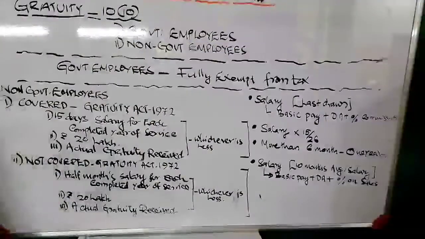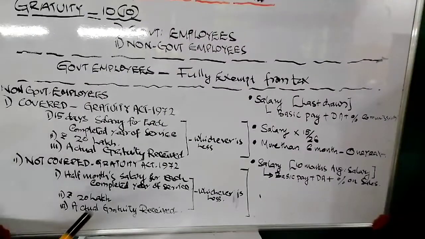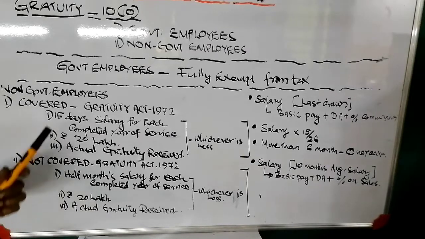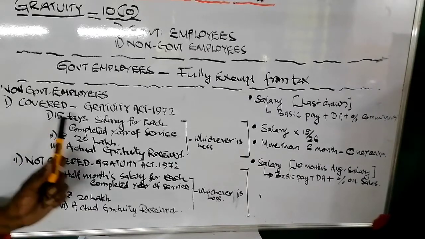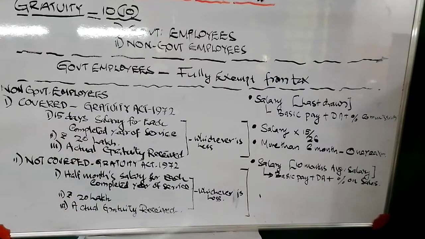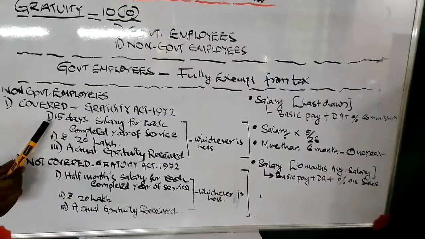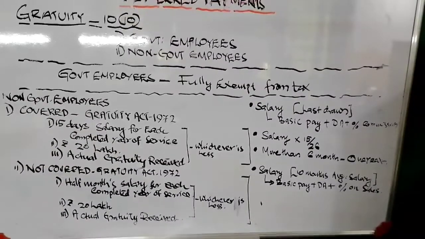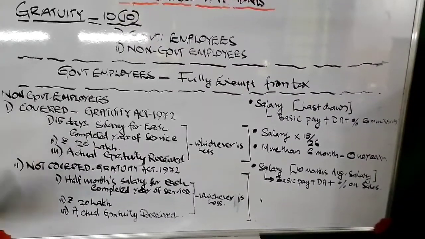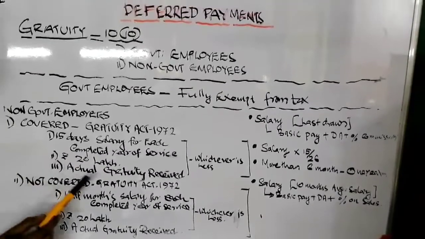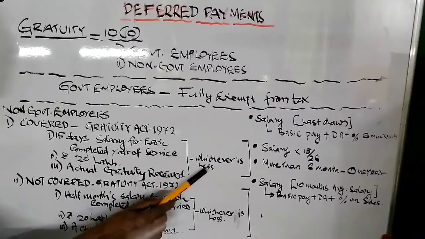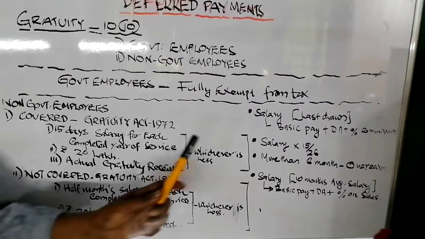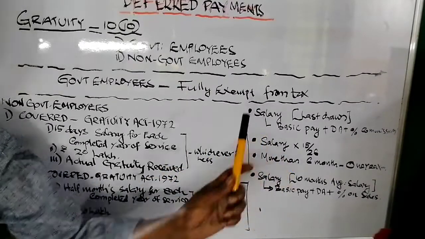So regarding the employees covered by the Payment of Gratuity Act, three conditions are mentioned: 15 days salary for each completed year of service, rupees 20 lakh, and the actual gratuity received, whichever is less is exempted from tax. Salary for 15 days is computed as salary into 15 divided by 26 into the number of completed years.